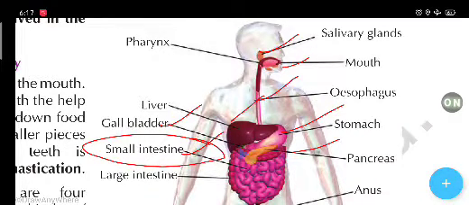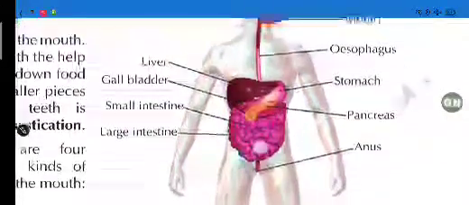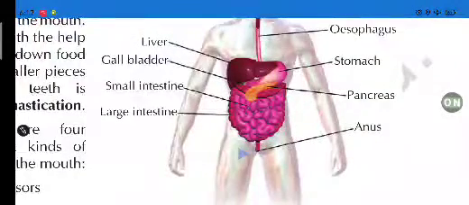After that, in the large intestine, the extra water and salt in our food that is undigested will be absorbed through the villi structure, and after the large intestine comes the anus, and through the anus the undigested food will be expelled.